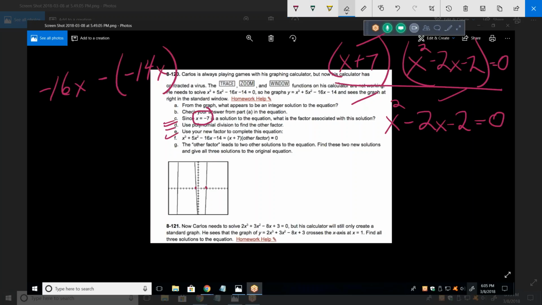Now, if we take a look at the graph, we can see we don't have nice round numbers at these 2 points, right? So immediately I know I'm not going to be able to factor that. There's no way I'm factoring it. I got to solve it with the quadratic formula. I'm going to get two real answers, not imaginary.